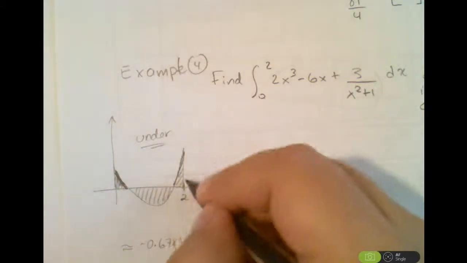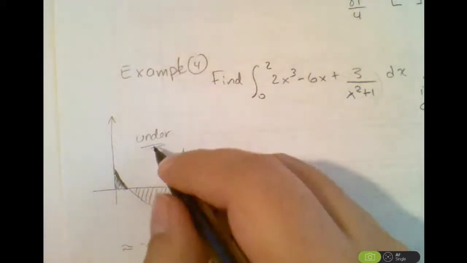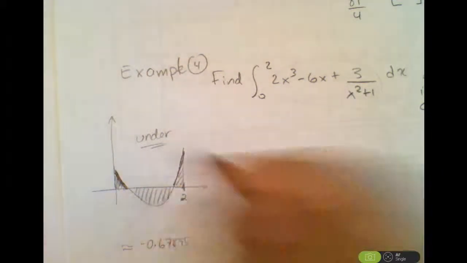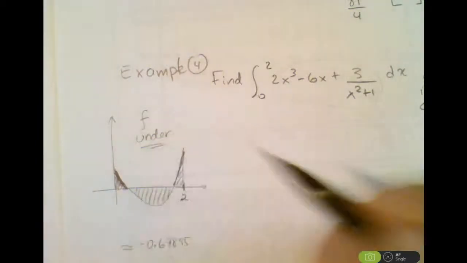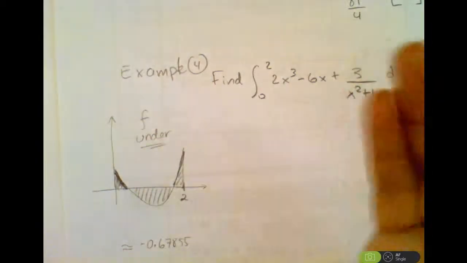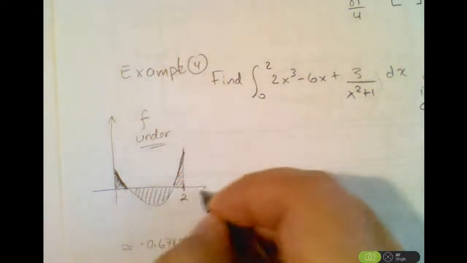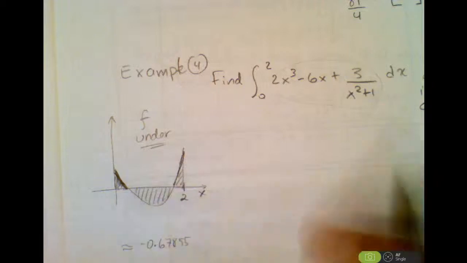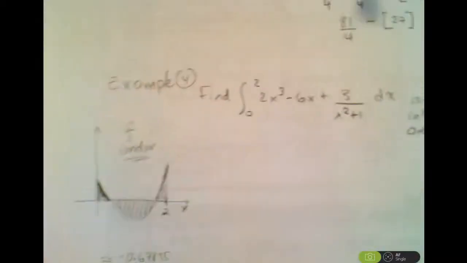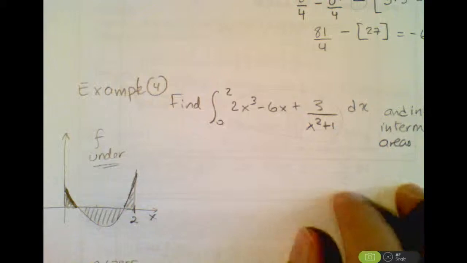But when the function is below the x-axis, this is not actually under, this is above the function. But in general we say the area under the curve, or the area under f. But the shading is always against the x-axis. So it's not like under, because then we would never be able to finish that shading. So under implies from the function to the x-axis always.